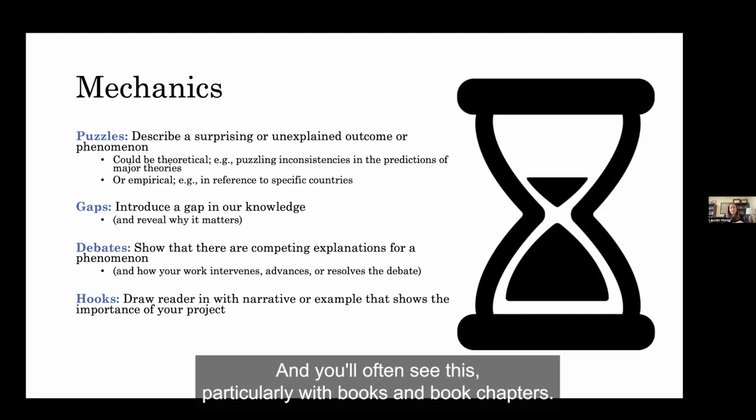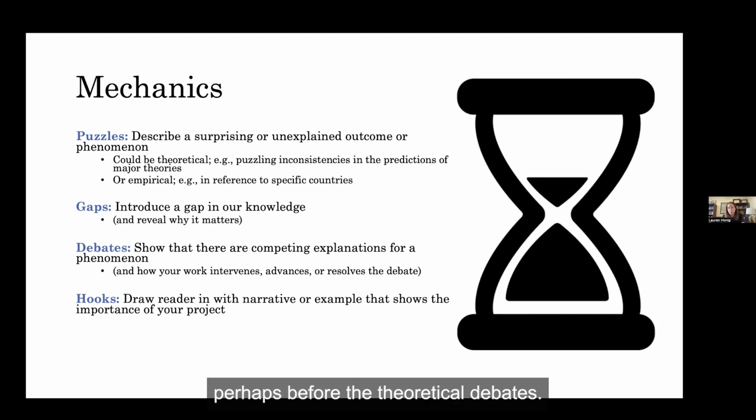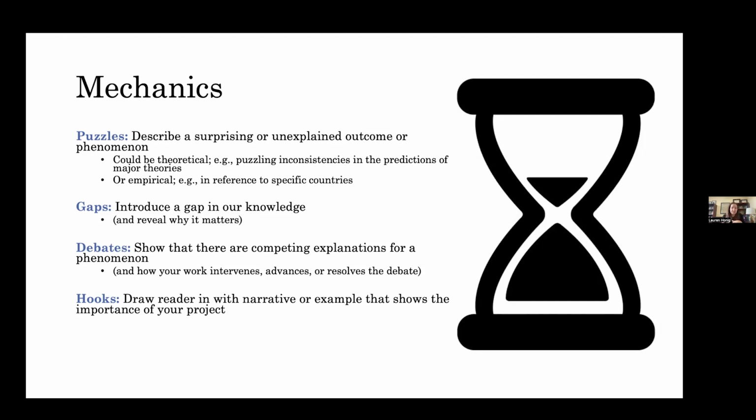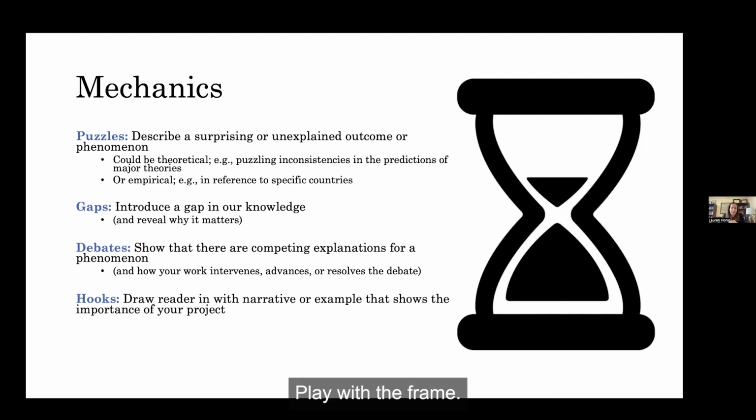And you'll often see this particularly with books and book chapters, the narrative or the example being presented perhaps before the theoretical debates. But it can be a really effective way to draw your reader in and to introduce some of the stakes of what's at play with the frame.